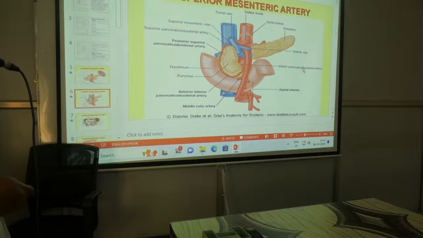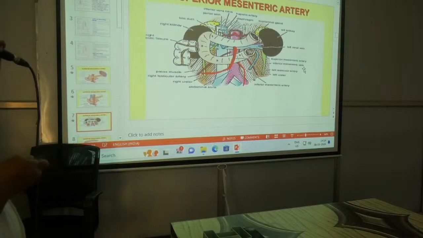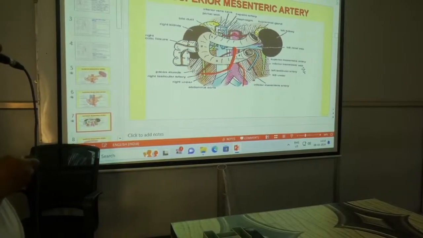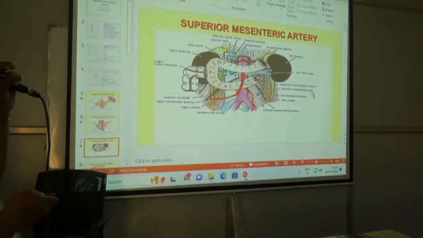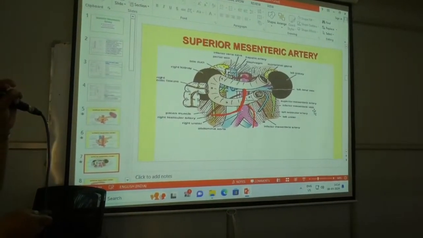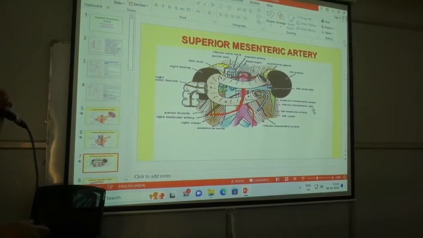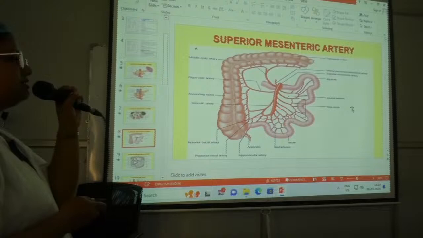Next, see the celiac trunk, different parts of the duodenum, colon, two kidneys, suprarenal gland, ureter. This is the superior mesenteric artery and this is the inferior mesenteric artery. Next, see, these are the branches.